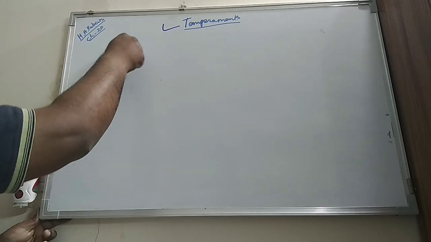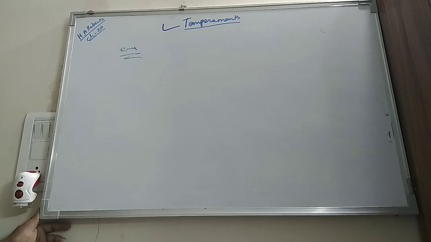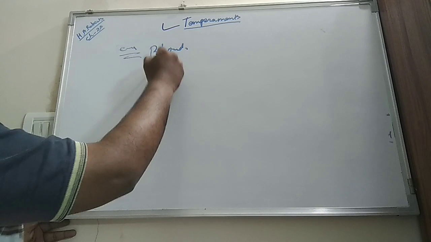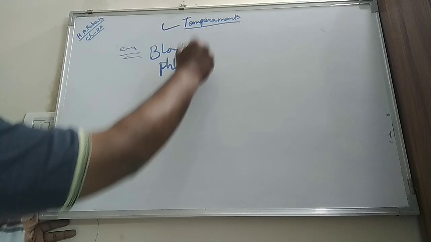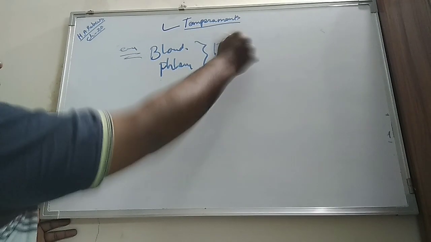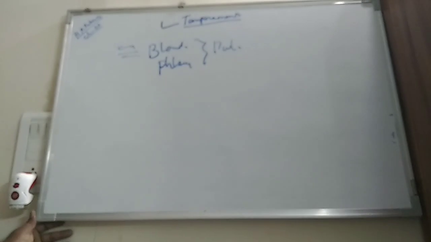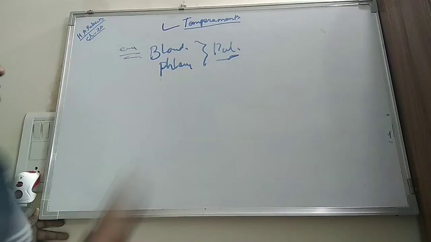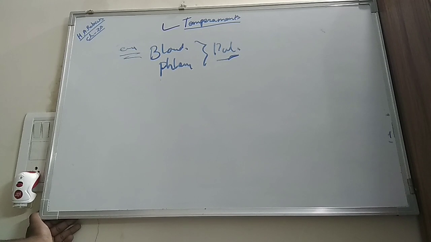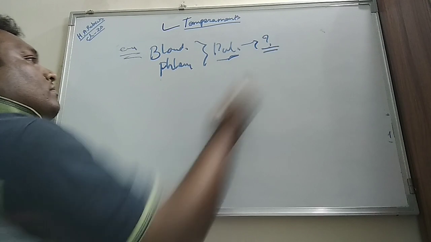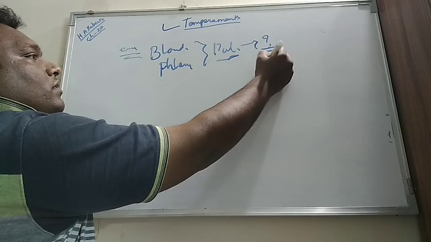Example, how the typing happens: blonde, phlegmatic, pulsatilla. It's a type. It means that a person who is blonde and phlegmatic must be given pulsatilla. But the question is, can Nux vomica not be given?